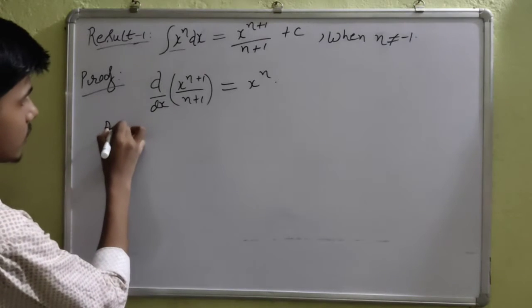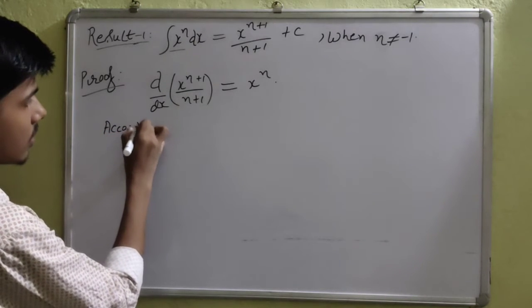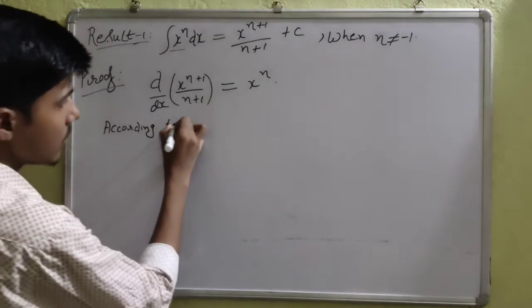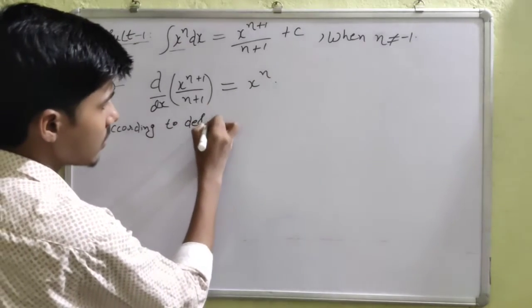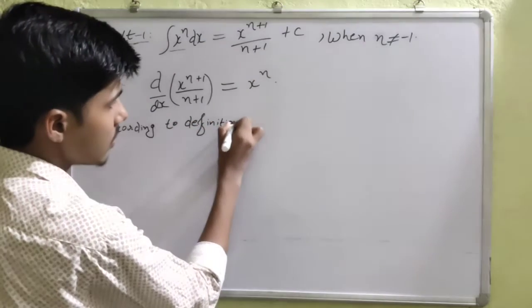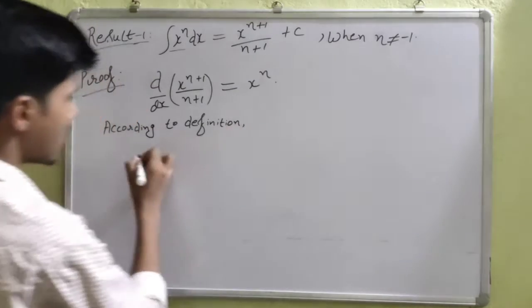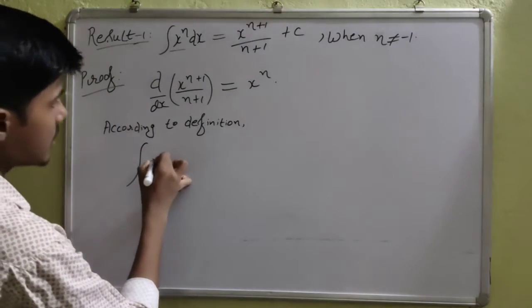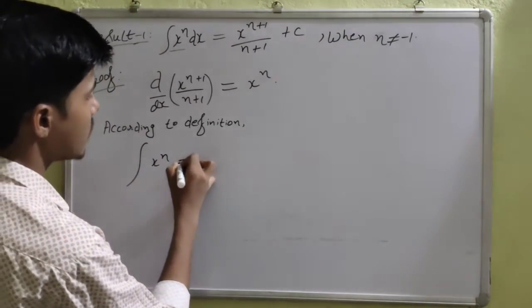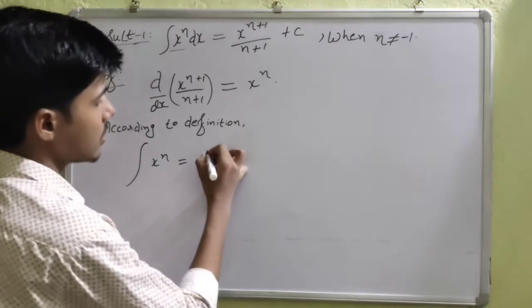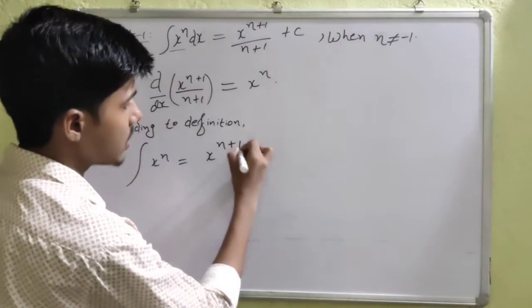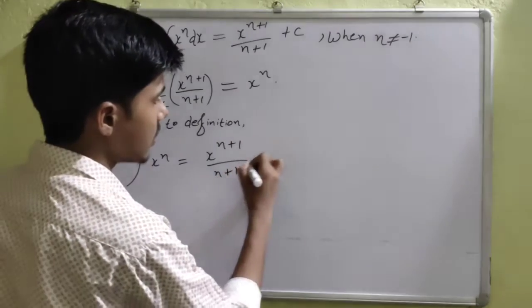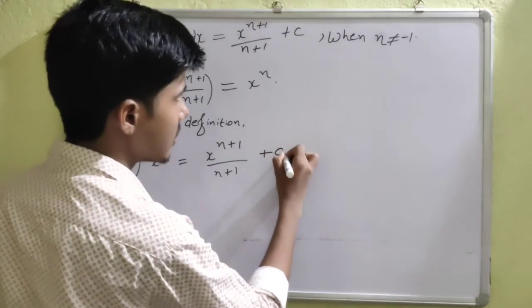So according to the definition, we can say that integration of x to the power n is equal to x to the power n plus 1 divided by n plus 1 plus c.